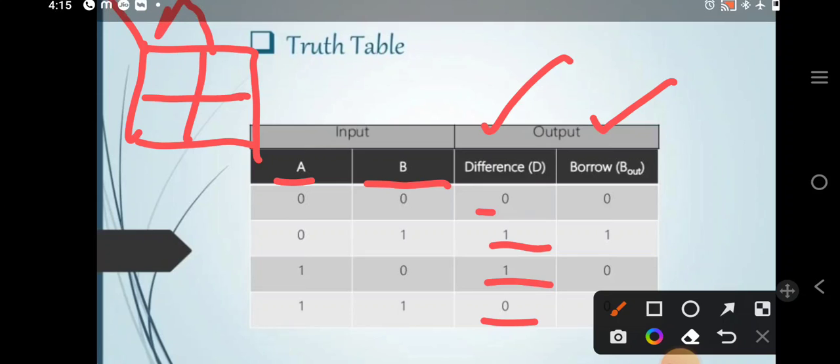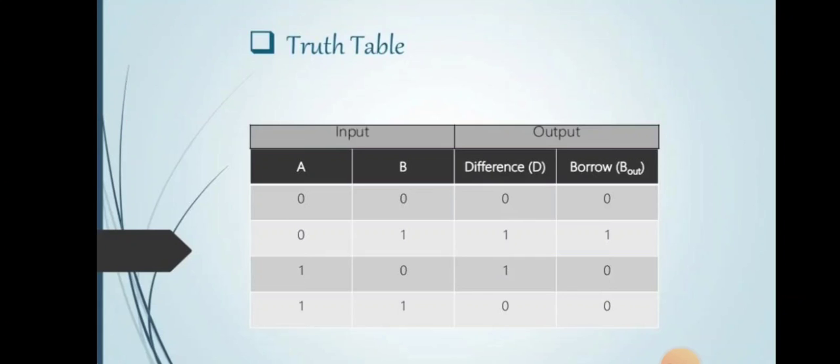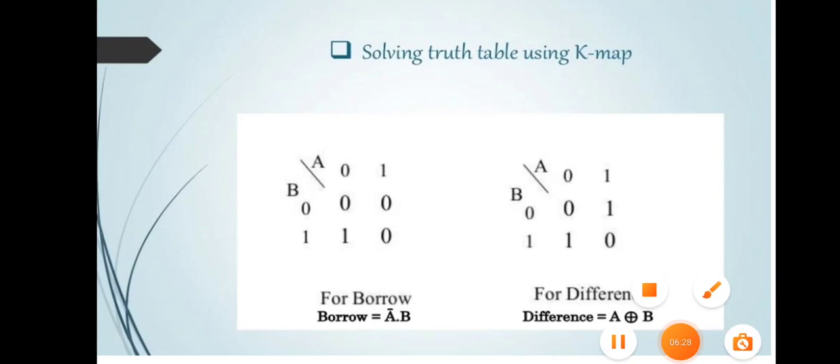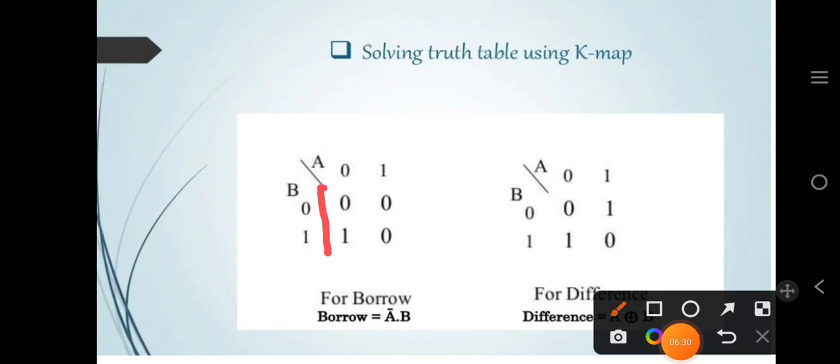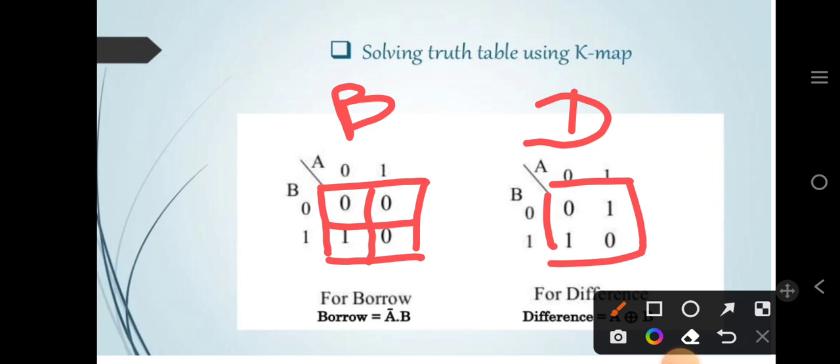If you consider here A and here B, this is just a rough idea. In the next slide I have already inserted it. So see here, this is a two variable K-map. This is for borrow and this is for difference.